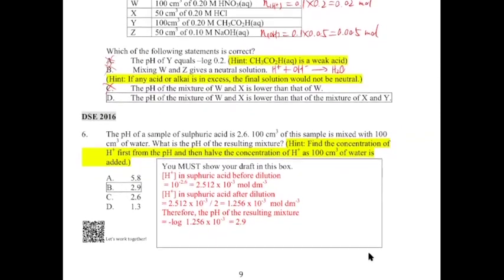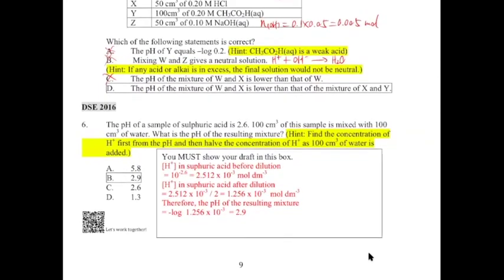And then next one, for this one, if a sample of sulfuric acid has a pH of 2.6, and then we dilute it with 100 cm³ of water, what will be the resulting mixture's pH? First of all, if we are diluting a sample, we must expect the pH to increase, isn't it?